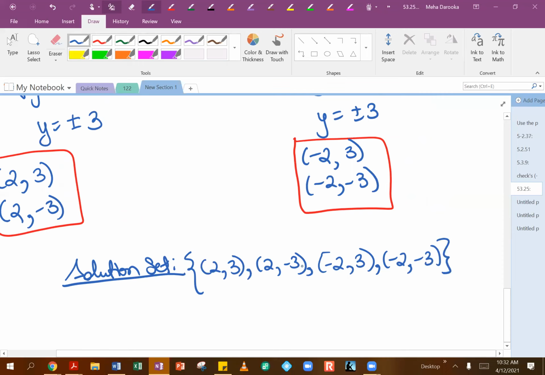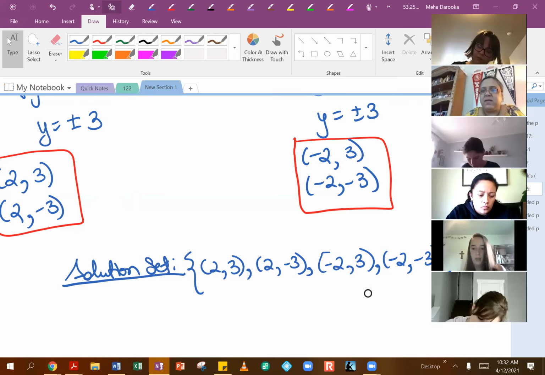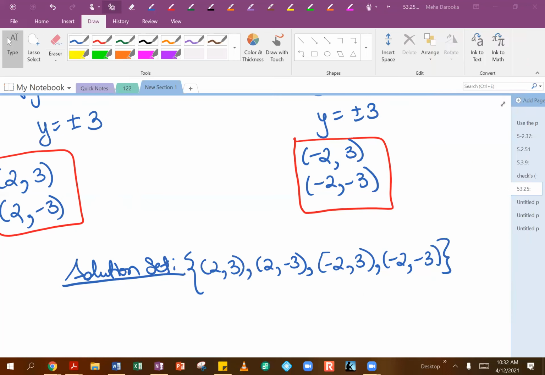And, as you can see, they basically just are the same number, right? 2 and 3 that just end up changing signs on them. So 2 of the ordered pairs have positive 2s, 2 of the ordered pairs have negative 2s, and the same thing with the 3s. 2 ordered pairs, the first and the third one, have positive 3 for the y value, and the second and the fourth ordered pair have negative 3 for the y value. So it just kind of goes in that cycle from positive to negative.